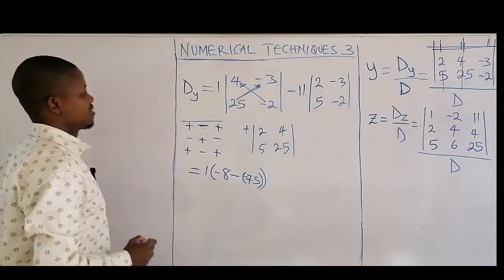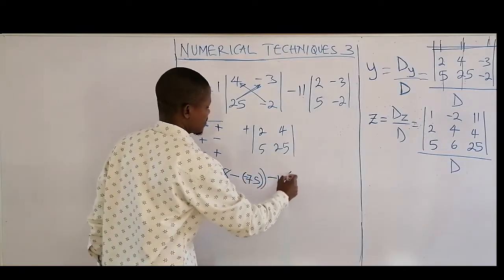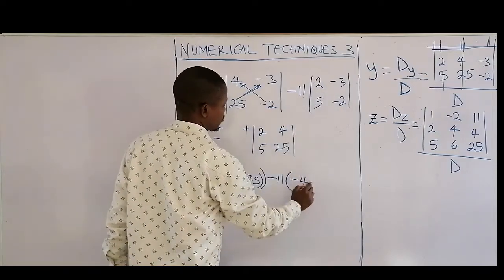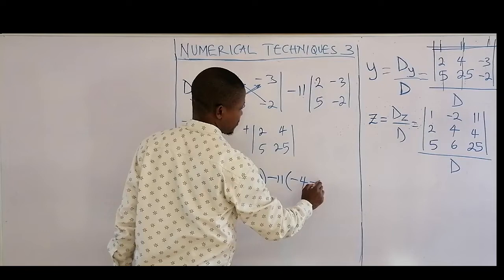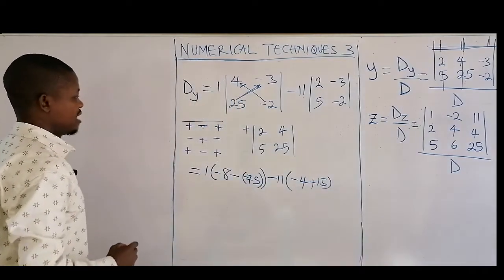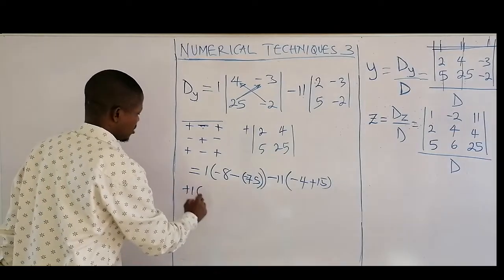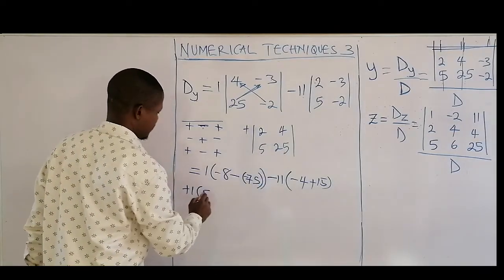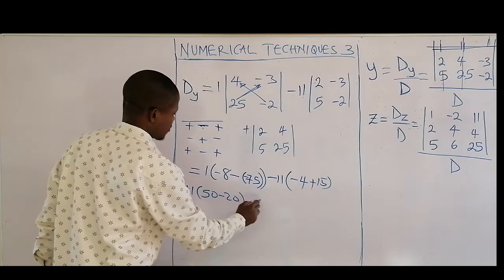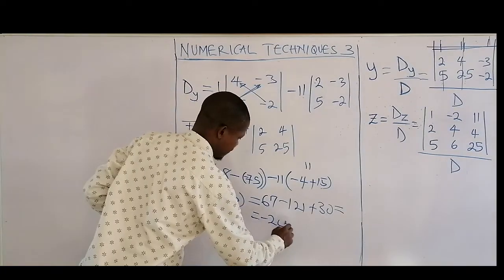Okay. Then the second one, minus 11 into bracket this times this, that's minus 4, and then minus this times this, minus 15, and that will be plus 15. Then the last one, I will have a plus 1 into brackets 2 times this, that's 50, then minus 20. Okay, that's minus 24.